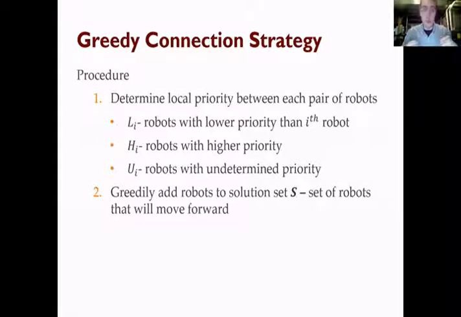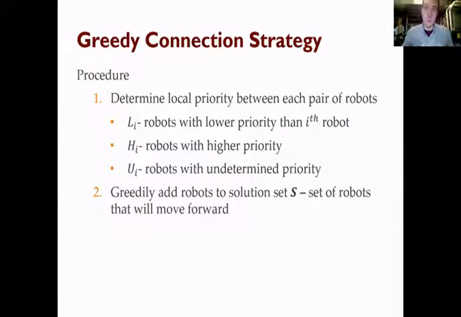The ith robot is given L of I, the set of all robots with respect to robot I that have a lower priority, meaning that robot I should move ahead of them. H of I, the set of robots with a higher priority than robot I that robot I should yield to. And U of I, robots that collide with robot I, but it's undetermined whether one robot should move over another.